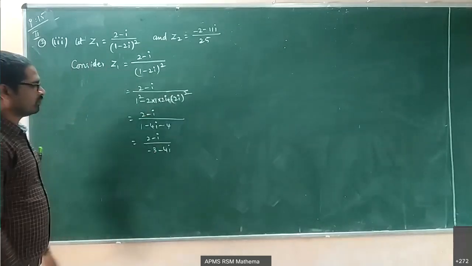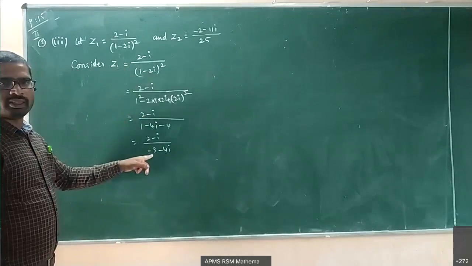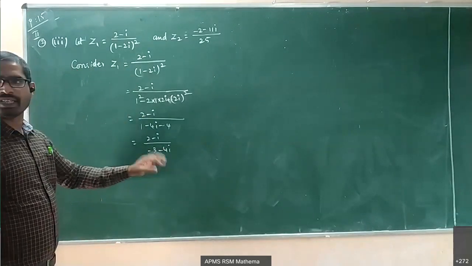This is (2 minus i) divided by (minus 3 minus 4i). So after squaring, the denominator became minus 3 minus 4i.